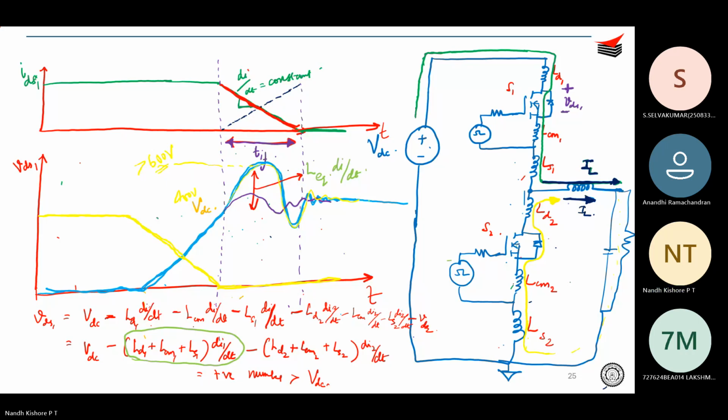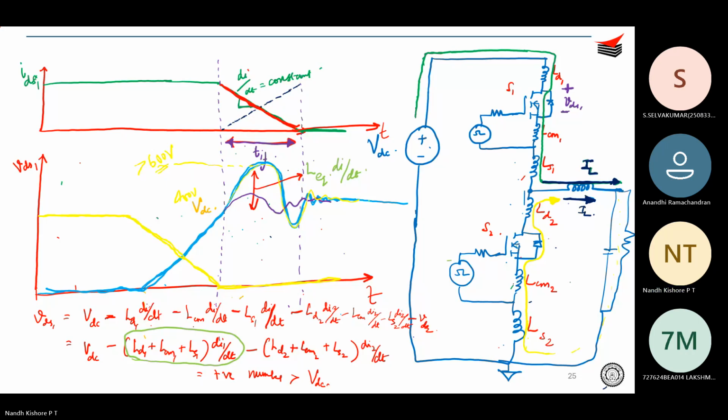See, a device can carry extra transient current for some time. It's not a problem. But a device can never withstand very high voltage. Immediately it will fail, because there will be a dielectric breakdown. If it carries extra current, then for a very small time it will still withstand. But if it blocks more voltage, then there will be a dielectric breakdown.